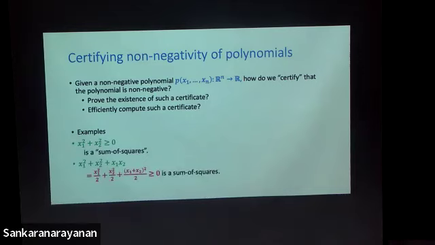You can write this as x1 square divided by 2 plus x2 square divided by 2 plus (x1 plus x2) whole square divided by 2. Then we can use the same logic that we did in the previous example. Each of these summands is a square. Squares are non-negative, so sums of squares are also always non-negative.